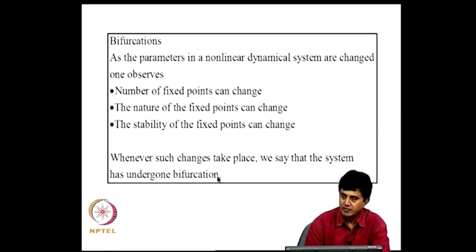There is various nomenclature associated with bifurcations depending on what the nature of the fixed points was before the bifurcation occurs, and what it is after the bifurcation occurs. We saw that there is a node, focus, saddle, center, etc. So, there is Hopf bifurcation where a periodic solution is born, and several other classifications of bifurcations.